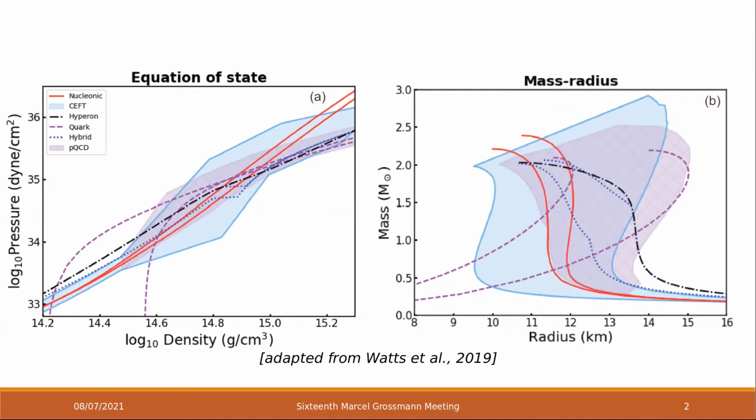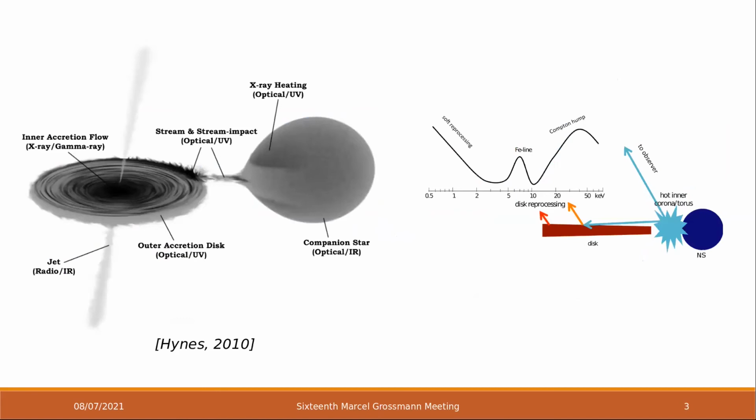The method I'm going to present to you now is based on X-ray spectroscopy in low mass X-ray binaries, which are the systems in which matter from the companion star flows through the Roche lobe and starts accreting on the compact object by forming an accretion disk.